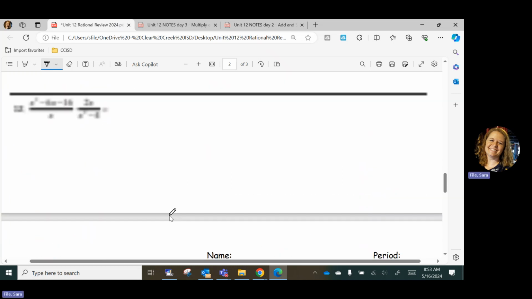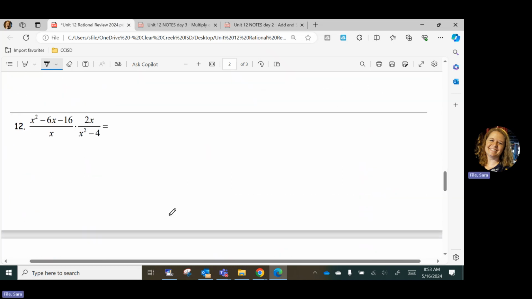All right, I think this is the last multiplying one. So same strategy, factor everything. The numerator on the left multiplies to a negative, so I know I'm going to have one positive and one negative.